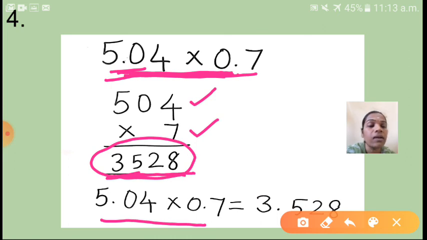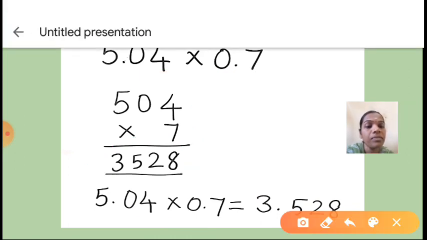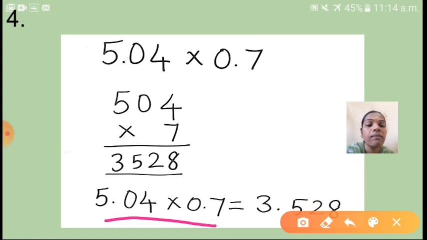Can you say after the decimal point how many digits are there? 1, 2, 3. 3 digits. So you have to put a decimal point here. So your answer is 3.528. Okay, I hope you understood this one.